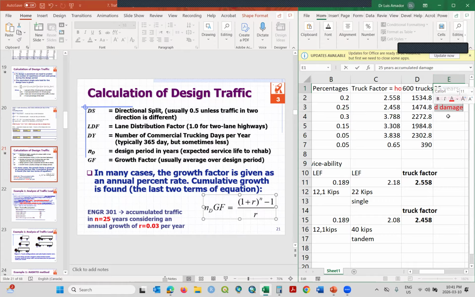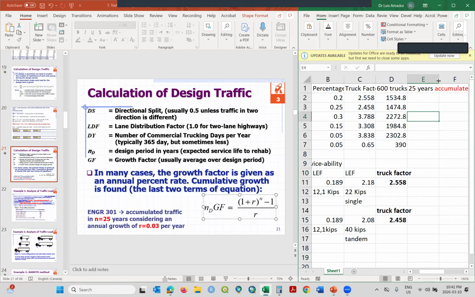So I am going to use this equation here. So let's try. I have 1.03, that is the 1 plus r, okay?